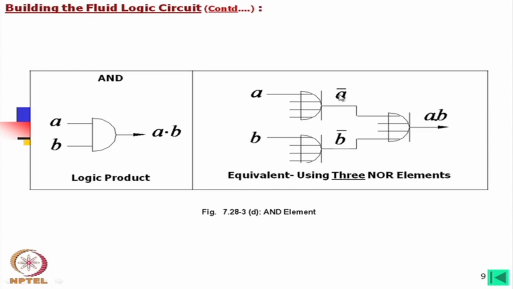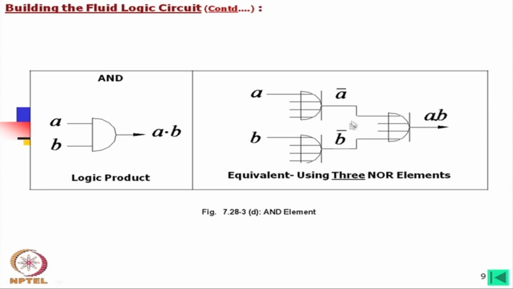Look at this. Suppose A is equal to 1, then A bar is equal to 0, B is equal to 1, then B bar is equal to 0, then A bar plus B bar is equal to 0, output is 0.